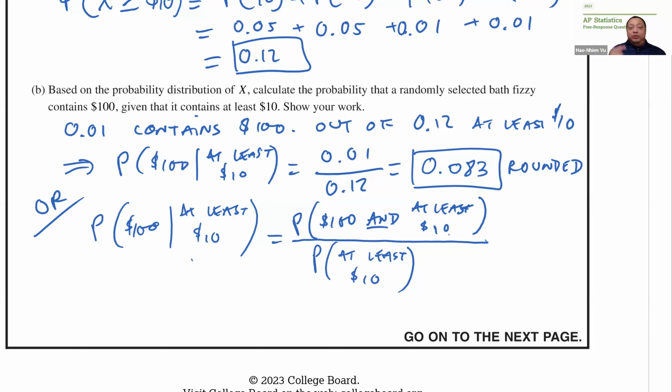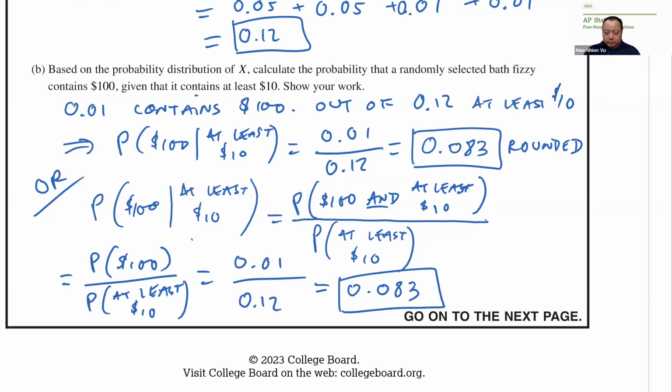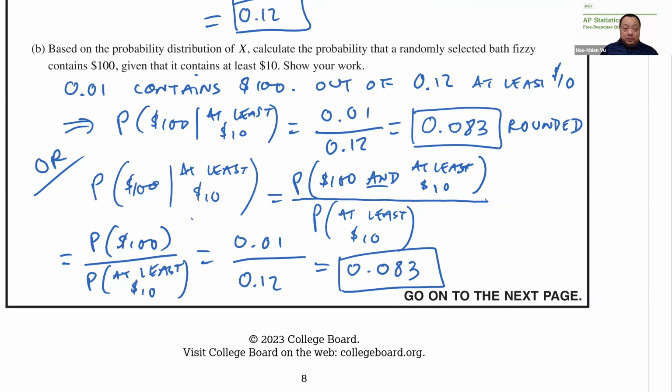Well, to be 100 and to be at least 10 is just 100, because once you are 100, you are at least 10. So this is actually the same as probability of 100 divided by probability of at least 10. And therefore, we have 0.01 divided by 0.12. That would be the second solution using the formula.